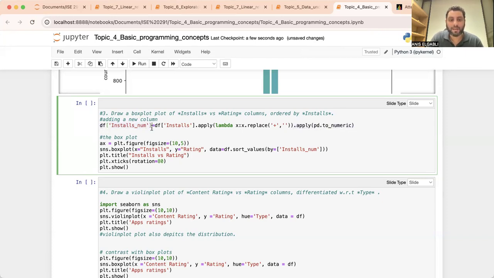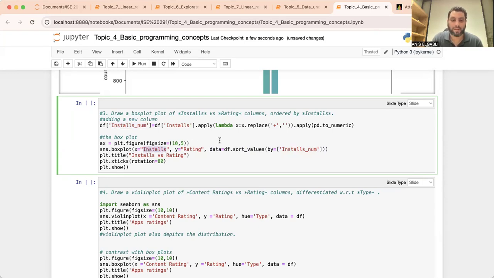Now if we sort all the elements here by the value of this installs numeric column, then they will be sorted, because this is nothing but a numerical version of this one. They will also be sorted with respect to this. Because if we sort with respect to this, we will have an issue.